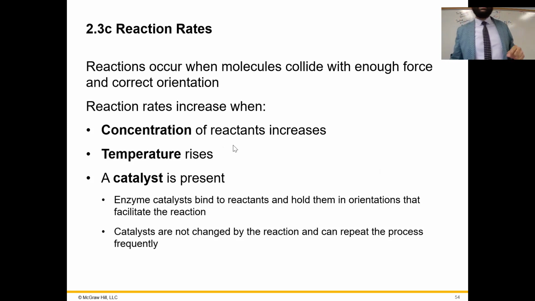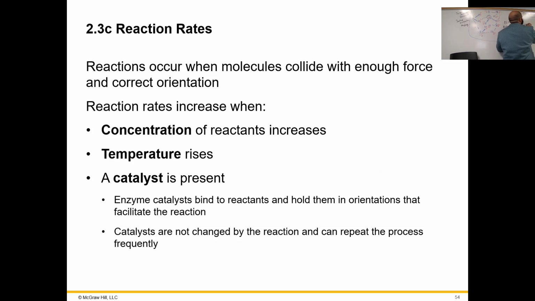So the enzyme catalyst is going to bind the reactant and change their chemical structure to give us a faster product. So I'm going to go, if I have this reaction as a function of time. So here I'm going in unit time.